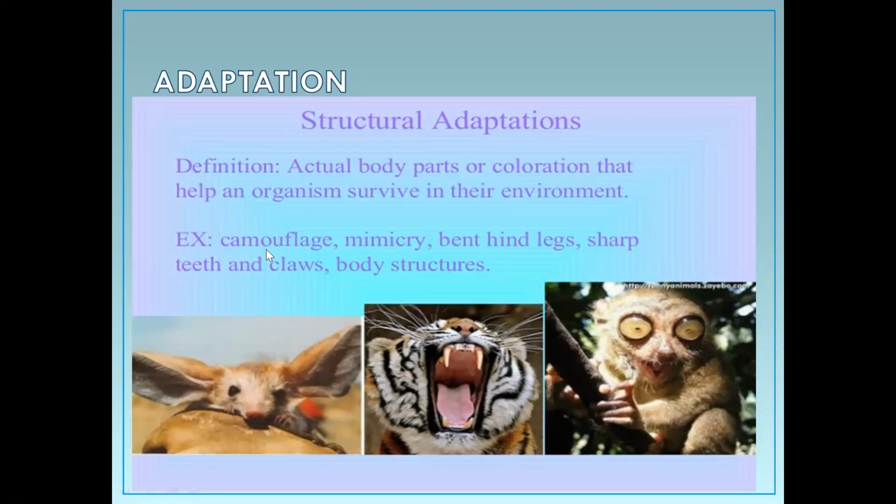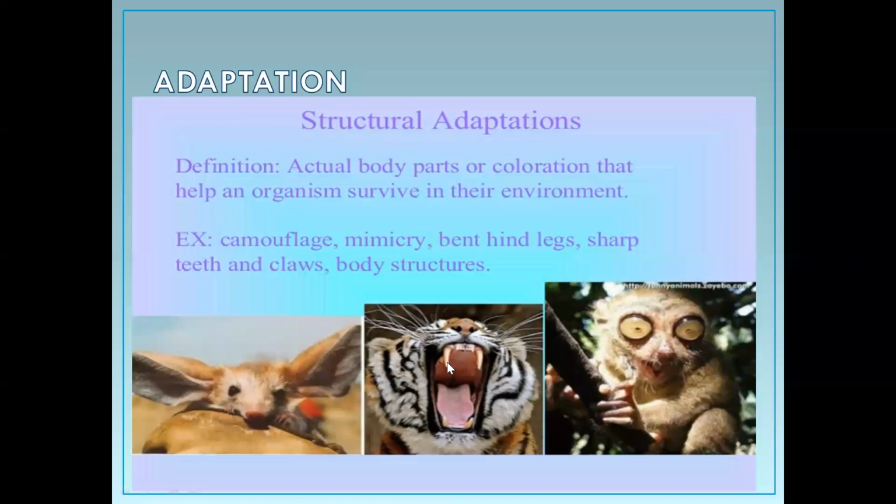Then mimicry is the resemblance of the animal to the branch where it is, or the habitat where it is living. Bent hind legs, sharp teeth and claws, and body structures. Okay, so all these are the adaptations: long teeth, camouflage, bent hind legs, sharp teeth and claws, body structures.